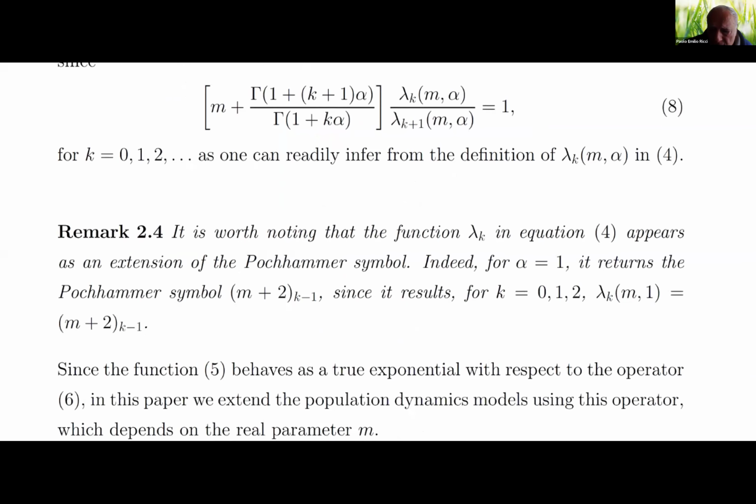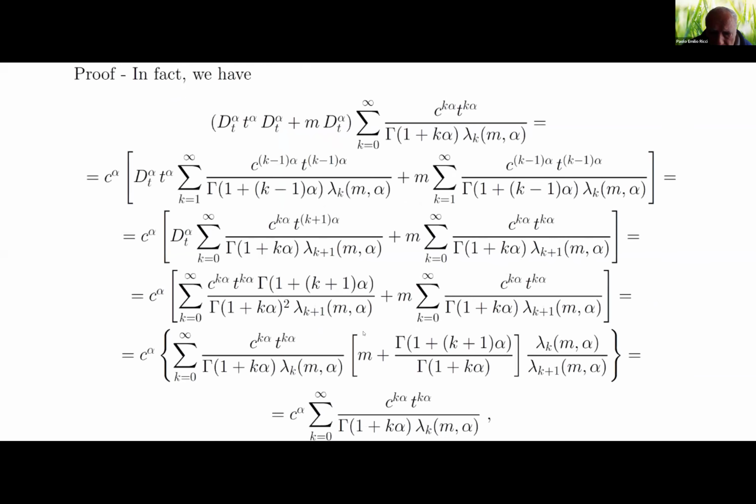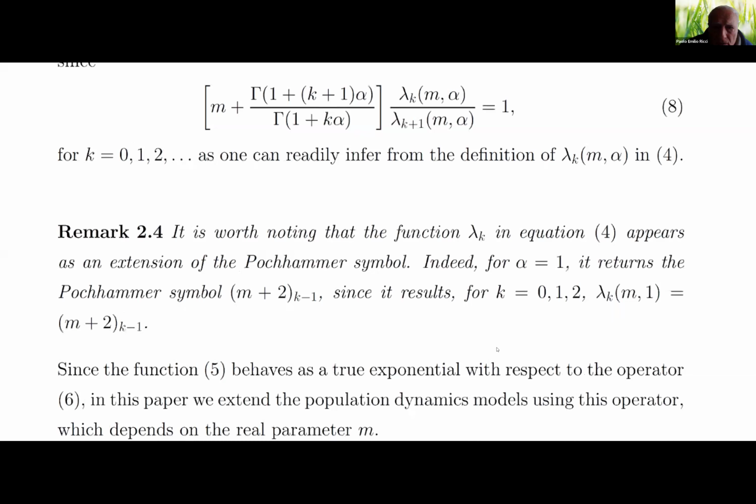The proof is based on the fact that this factor here is equal to 1 because of the definition of the function lambda we have shown before. It's also worth noting that this function lambda k appears as an extension of the Pochhammer symbol.